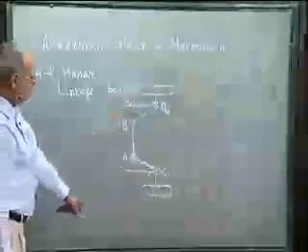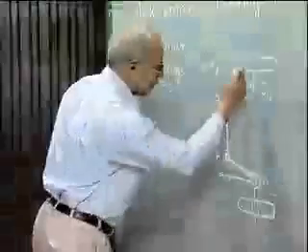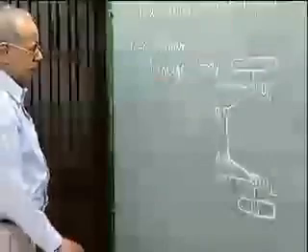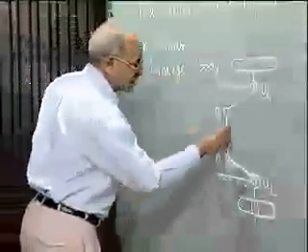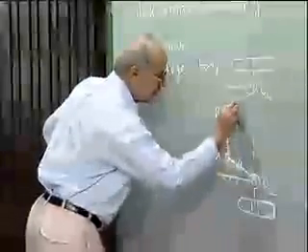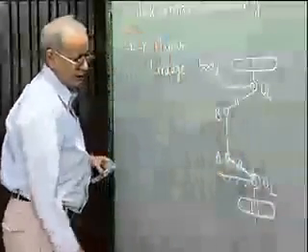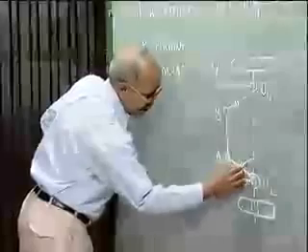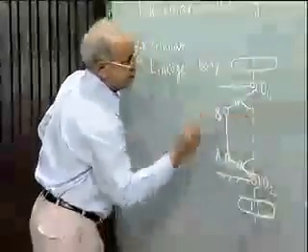This is the top view of the automobile. Here are the two front wheels, and the back wheels will be here. Now this is also a symmetric linkage, in the sense that this link length is the same as this link length, and this angle is the same as this angle.